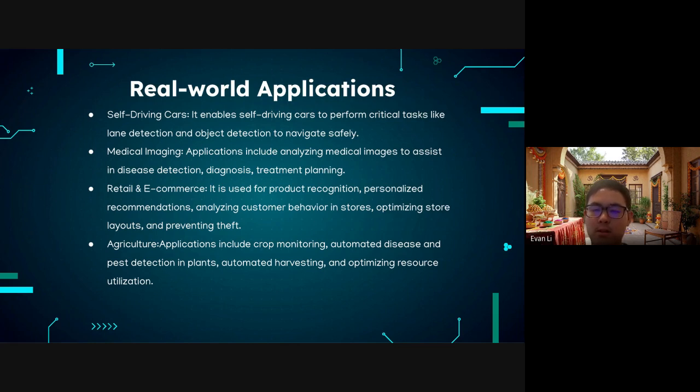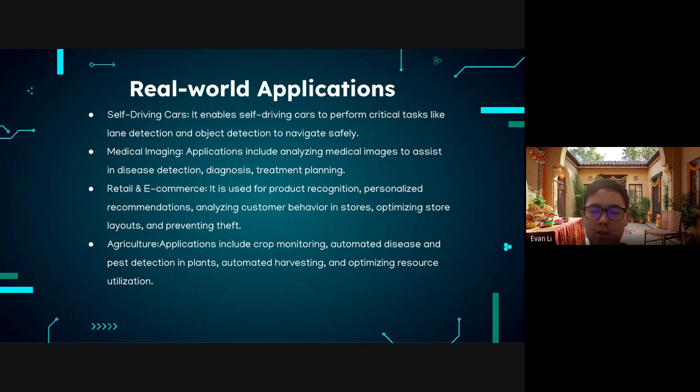Computer vision systems in autonomous vehicles perform critical tasks such as real-time lane detection to stay within road boundaries, robust object detection to identify and track vehicles, pedestrians, cyclists, and other obstacles, accurate traffic sign and traffic light recognition to obey traffic regulations, and comprehensive scene understanding to interpret the overall driving context and make informed navigation decisions.